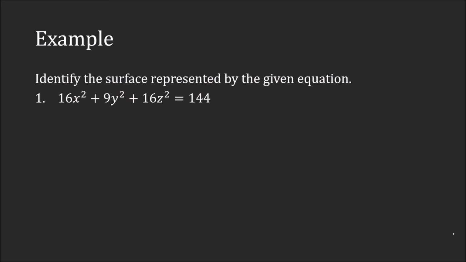So let's divide the entire thing by 144. So we'll have 16x squared over 144 plus 9y squared over 144 plus 16z squared over 144 is now equal to 1.